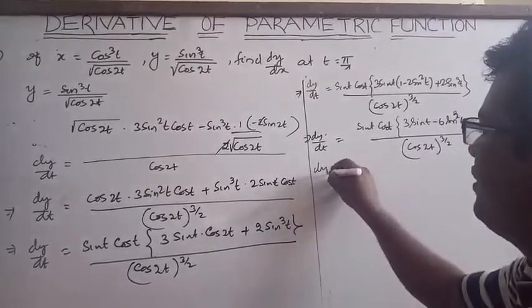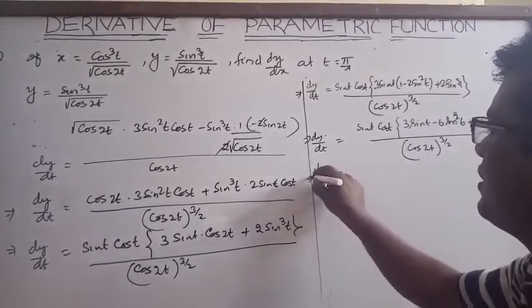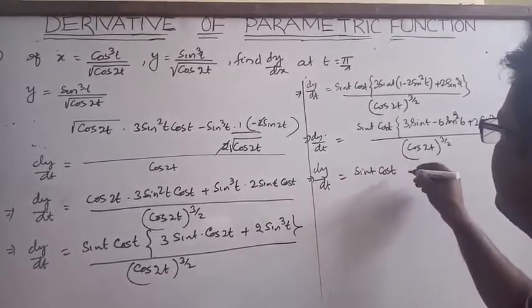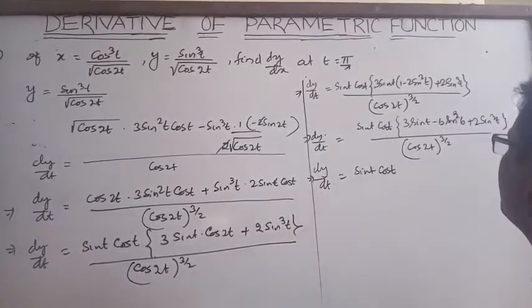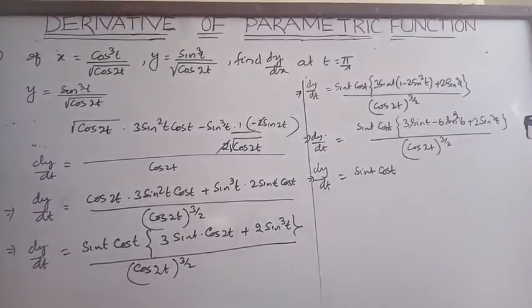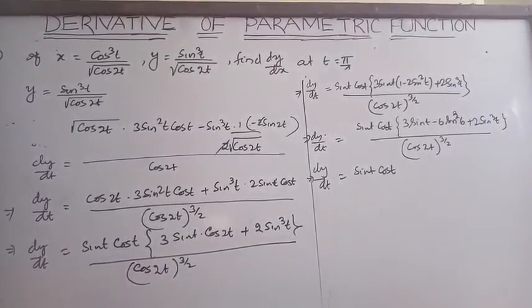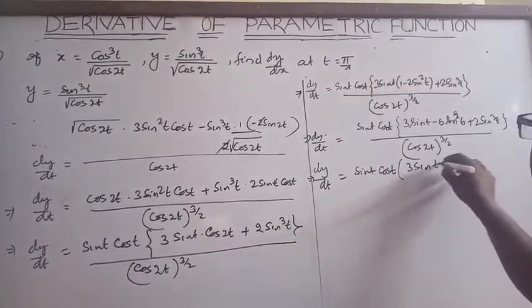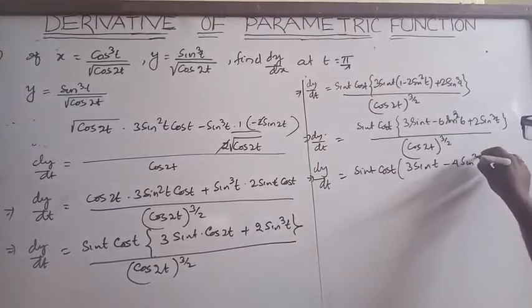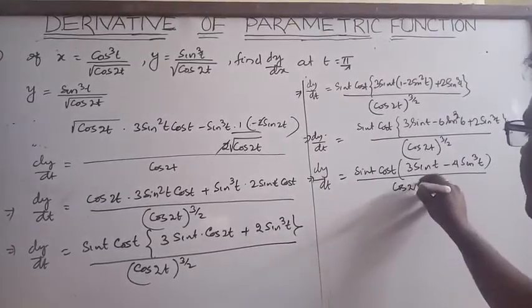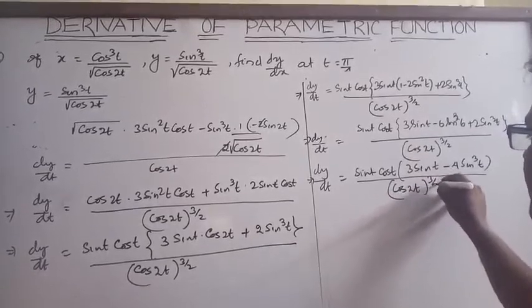So dy by dt is equal to sin t into cos t into 3 sin t minus 4 sin cube t by cos 2t power 3 by 2.